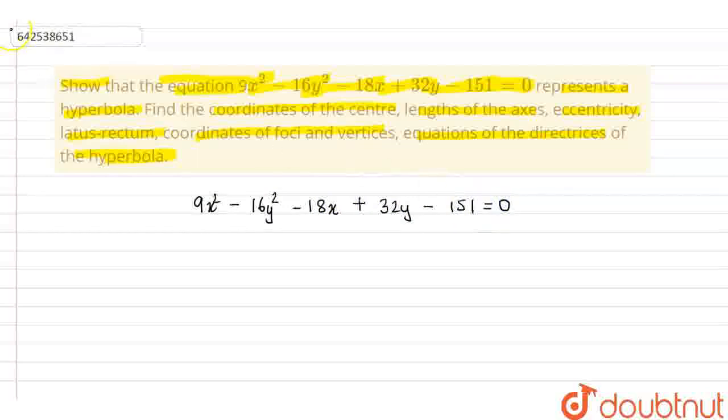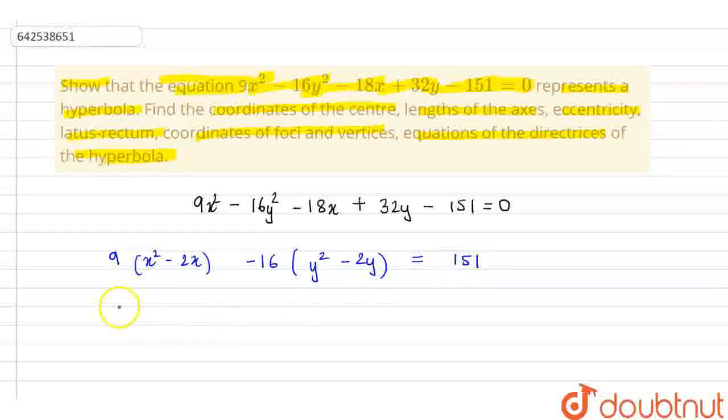So now we are given that 9x square minus 16y square minus 18x plus 32y minus 151 equals to 0. So now this can be written as 9 into x square minus 2x minus 16 into y square minus 2y equals to 151. Now adding 9 and subtracting 9 to it, along with adding 16 and minus 16, this will become 9 into x square minus 2x.